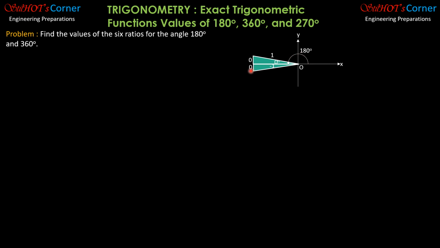So 0 opposite, hypotenuse is 1, and the adjacent side is -1, because the quadrantal angle 180 degrees is between the second and the third quadrant, and it is in the negative direction. So sine of 180 degrees therefore is 0 over 1, y over hypotenuse, opposite over 1. So therefore it is equal to 0.